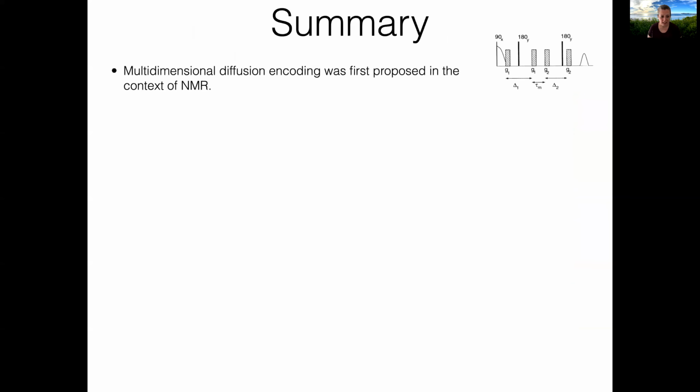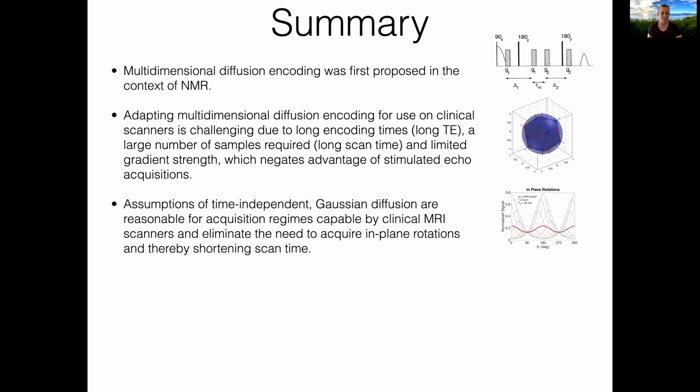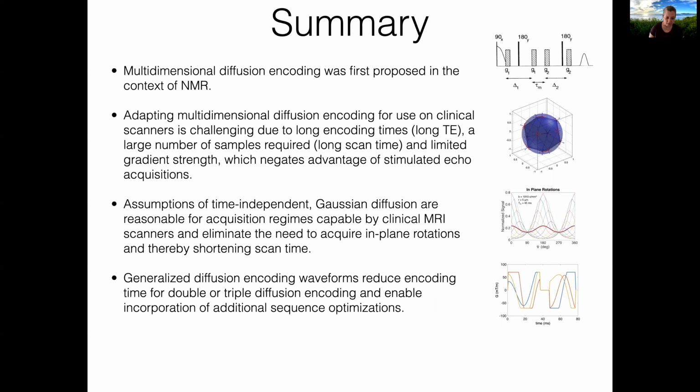So in summary, multidimensional diffusion encoding was first proposed in the context of NMR. Adapting multidimensional diffusion encoding for use on clinical scanners is challenging due to the long encoding times, large number of samples required, and limited gradient strength. Assumptions of time-independent Gaussian diffusion are reasonable for acquisition regimes capable by clinical MRI scanners, and eliminate the need to acquire in-plane rotations, which thereby shortens scan time.